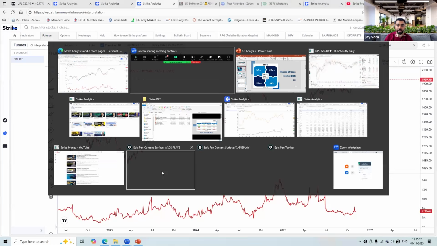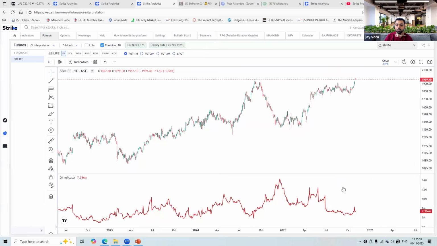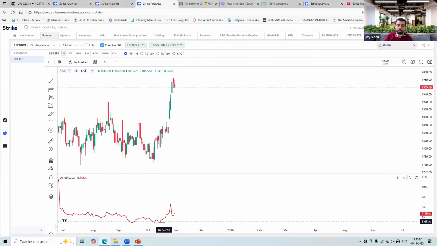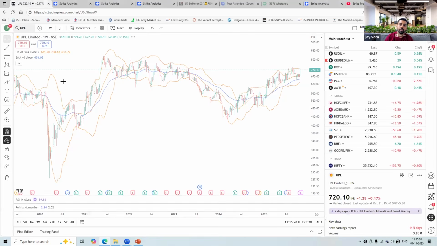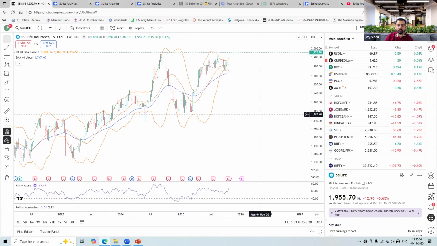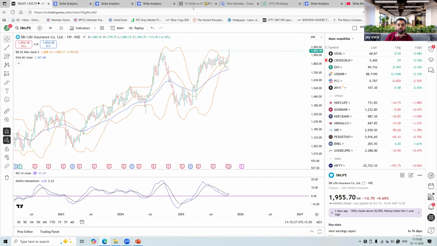Now, I think what is happening is that there is a long build-up happening. I'll explain why. You can see that there is some rise in the open interest that has started in SBI Life, right? And if you check the chart, this is the weekly chart, and this is the classic thing that we would require, that we have been discussing for a long time.